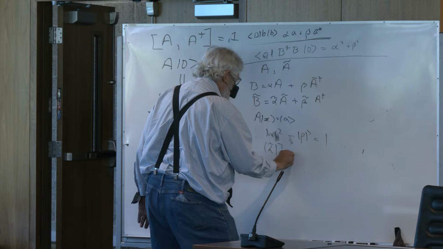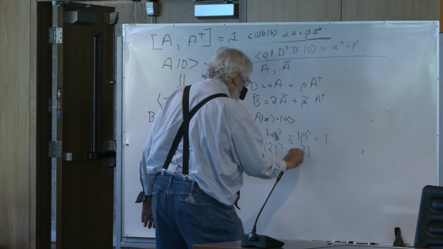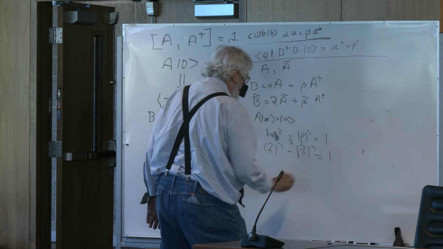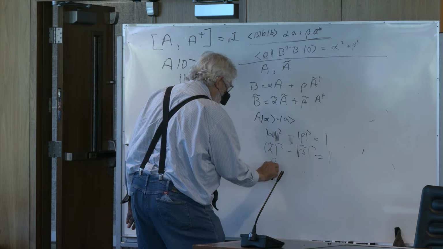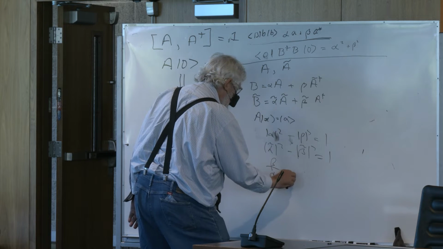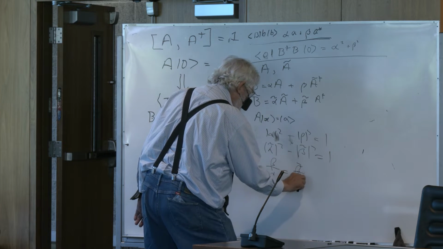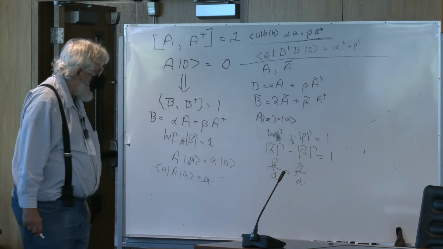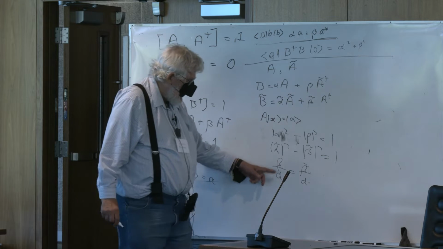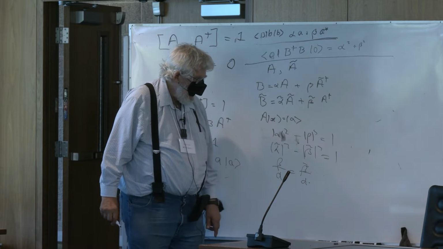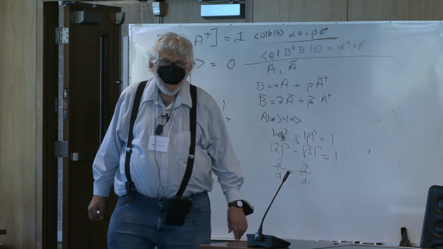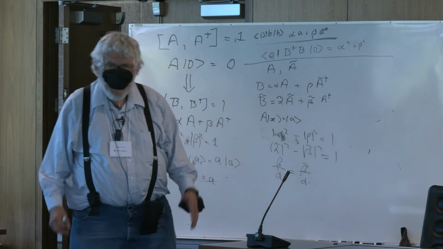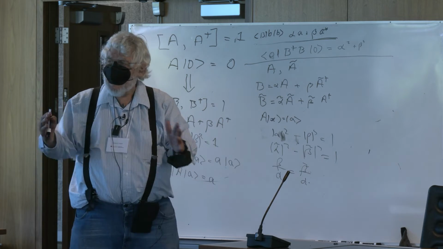Alpha tilde squared minus beta tilde squared equals 1, and beta over alpha equals beta tilde over alpha tilde. So they have the same phase, and since that's sinh and that's cosh, that also tells us that they have the same amplification and the same phases.